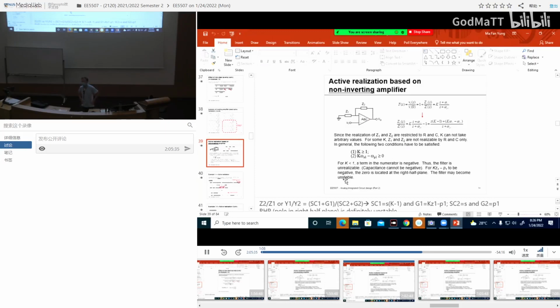Why? Because we always use the op-amp in a negative feedback configuration to stabilize things. Negative feedback means output subtract at the input. Then you get the A divided by 1 plus A beta.